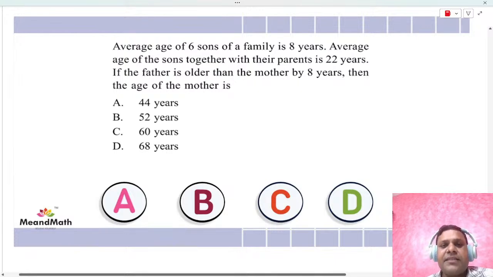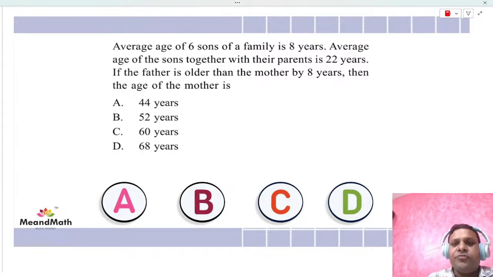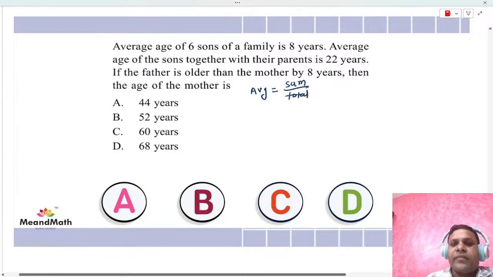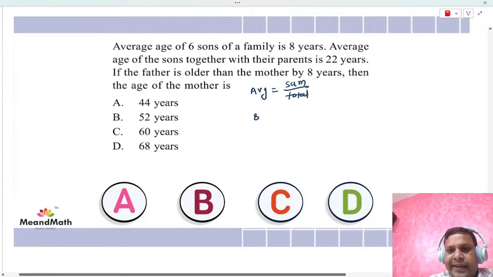The average age of 6 sons of a family is 8 years. So you have to know about the average. Average is equal to sum upon total number. So 8 is equal to sum upon 6.